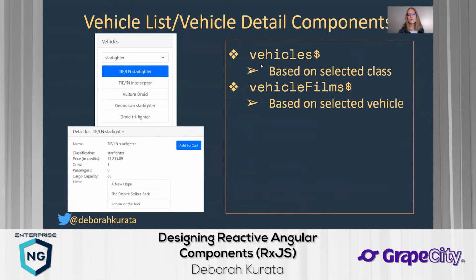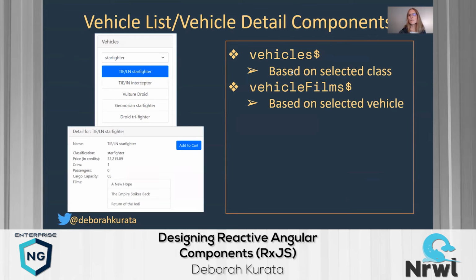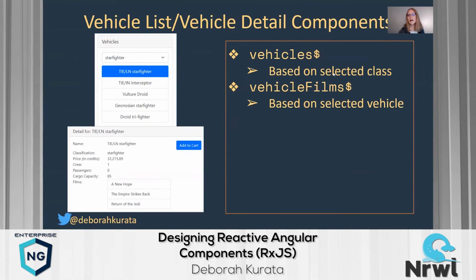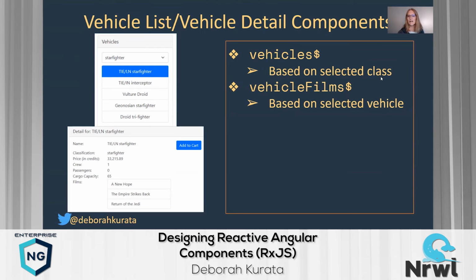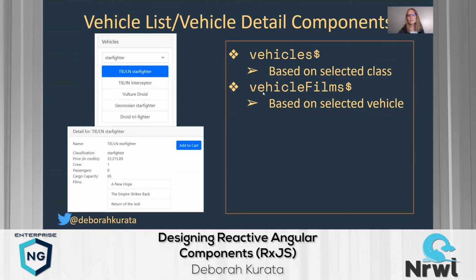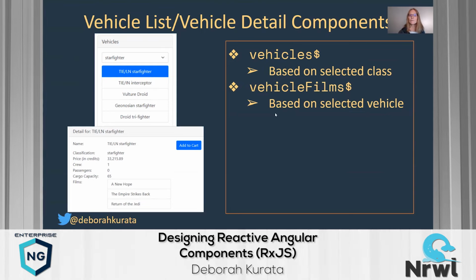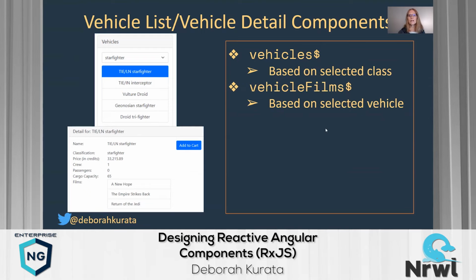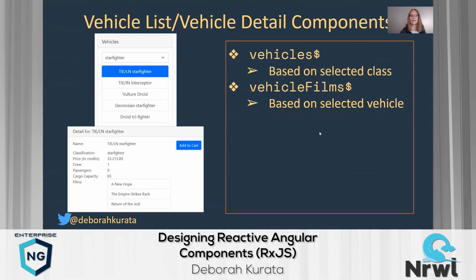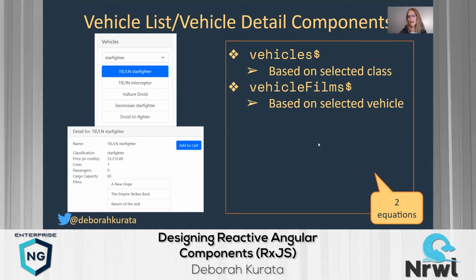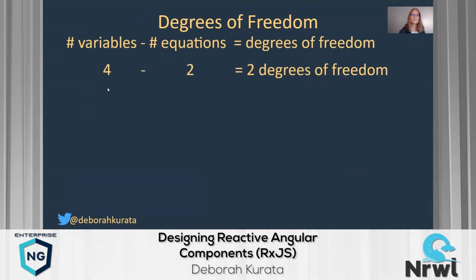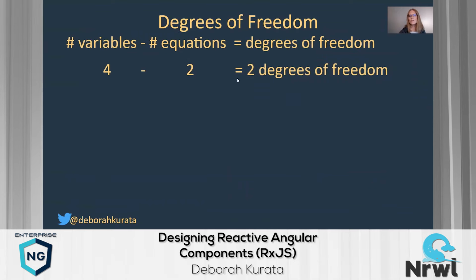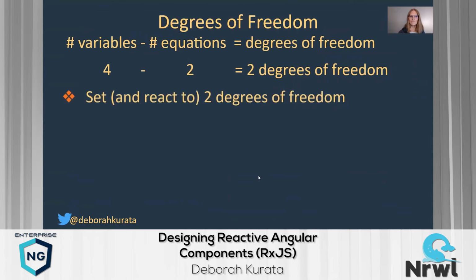If we then look at equations, our vehicles have an equation based on the selected class. So they're going to react to that selected class. They're not an independent variable. And the films as well are based on the selected vehicle. They are also not an independent variable. So we have two equations. So our degrees of freedom, 4 variables minus 2 equations, is 2 degrees of freedom.